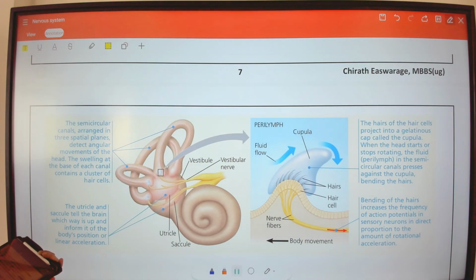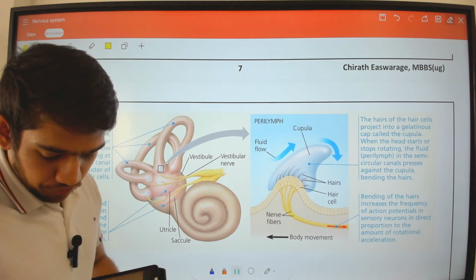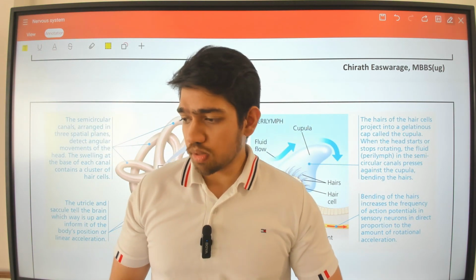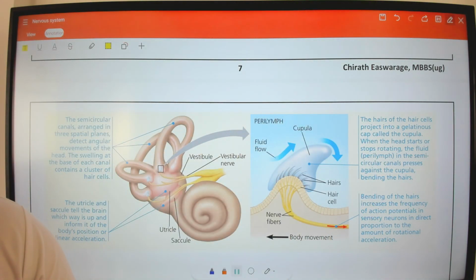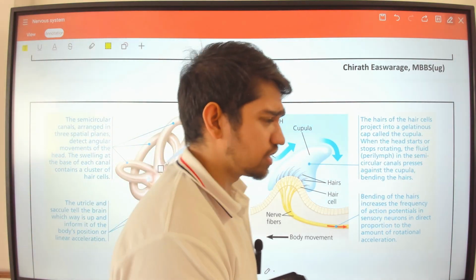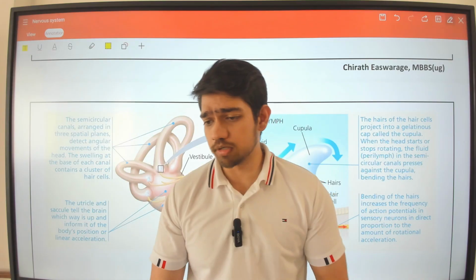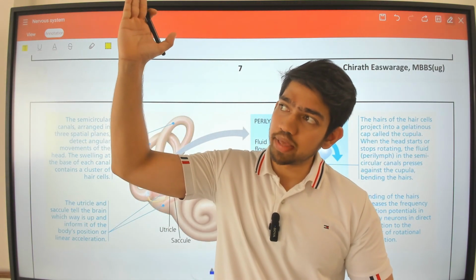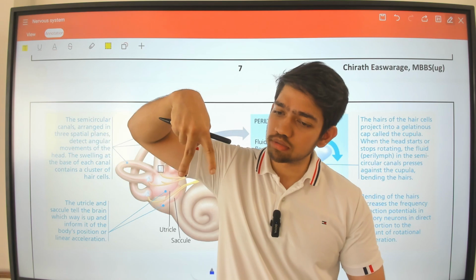The semicircular canals and the vestibule located in the inner ear provide information about the position of the head in space and contribute to maintaining posture and balance. That is because we as humans are much more complicated in our motion. We are bipedal, so in a certain way we are very unstable because we are very tall like this and we only use two legs.